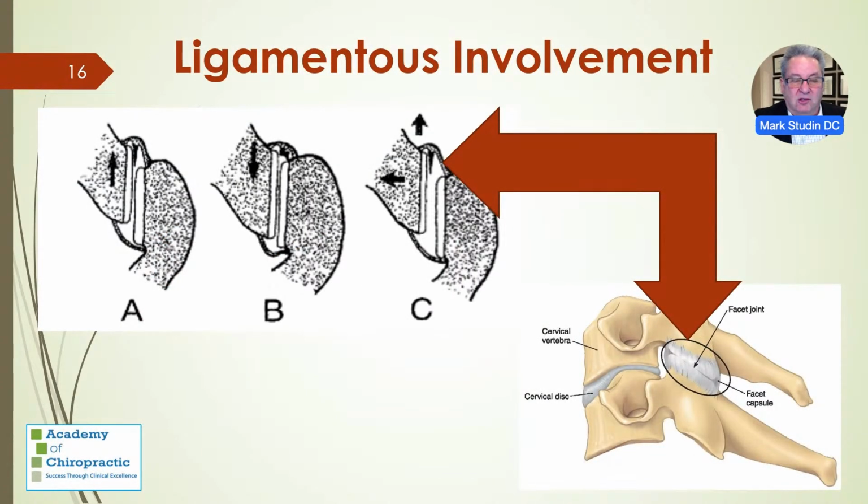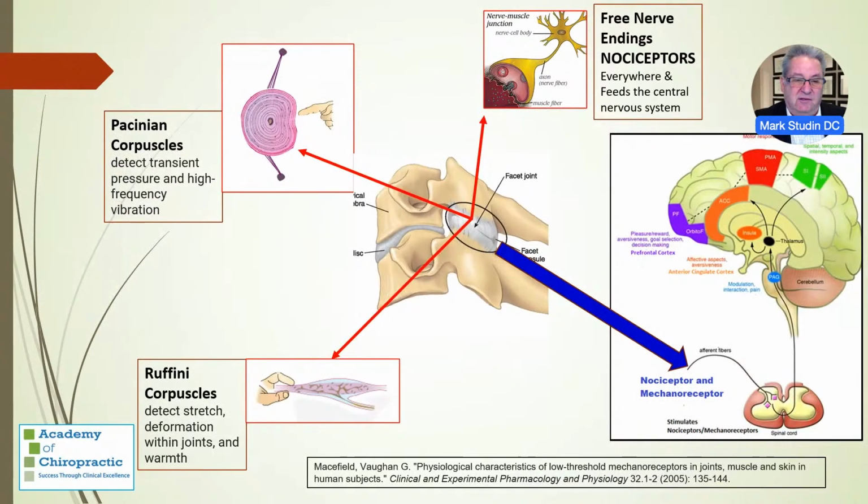But we also know that when that meniscoid goes out of place, you're affecting the joint capsule. And when the joint capsule gets affected, you've got the Pacinian corpuscles, which are your crimp receptors, your Ruffini corpuscles, which are stretch receptors, you have Merkel discs and other things, but free nerve endings, and all of those feed in afferently into the dorsal root ganglia, into the spinal cord.